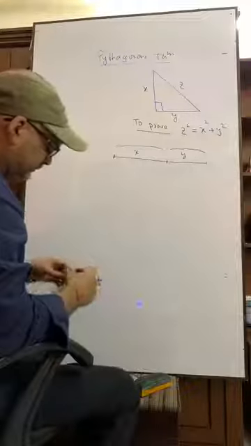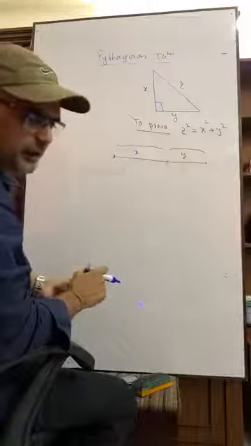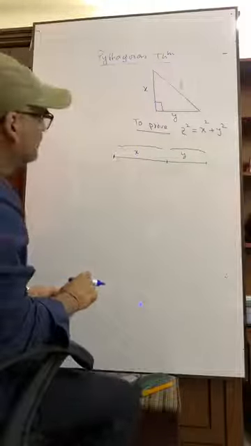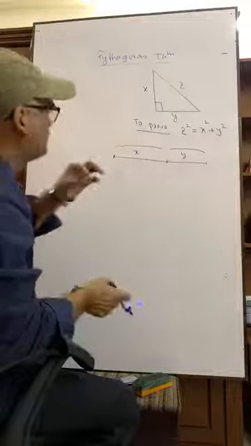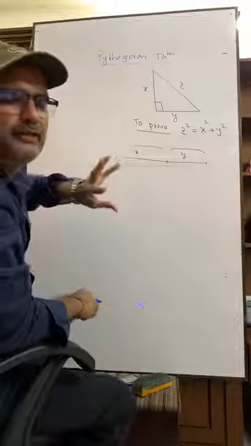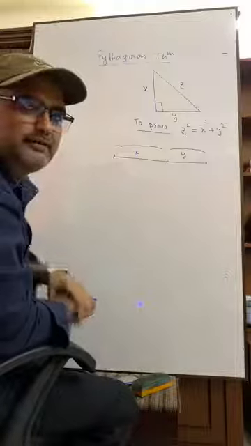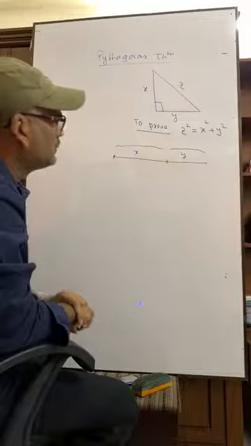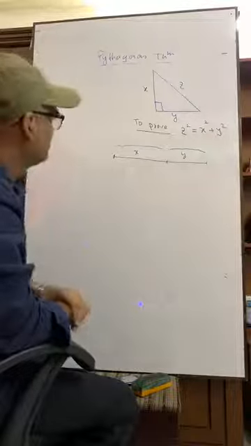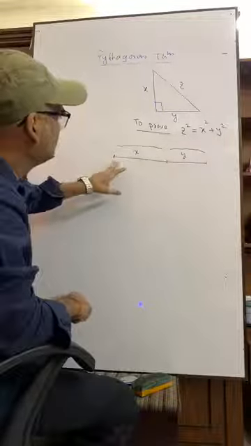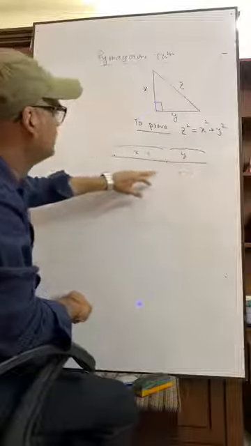And in exercise 8.2, the last construction was: the length of a side of a square is given, and we have to construct a square, right? So suppose this whole length is the side of a square.